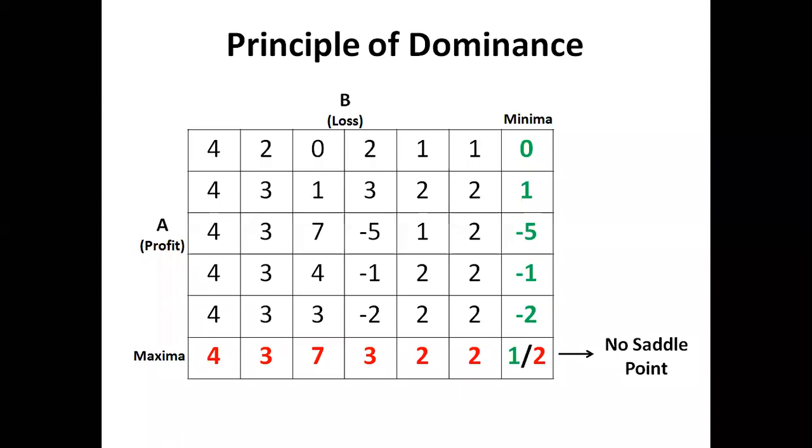Since in this case we do not have a saddle point, the principle of dominance is the concept that we apply. We try to eliminate the rows and columns one at a time by applying this principle of dominance.